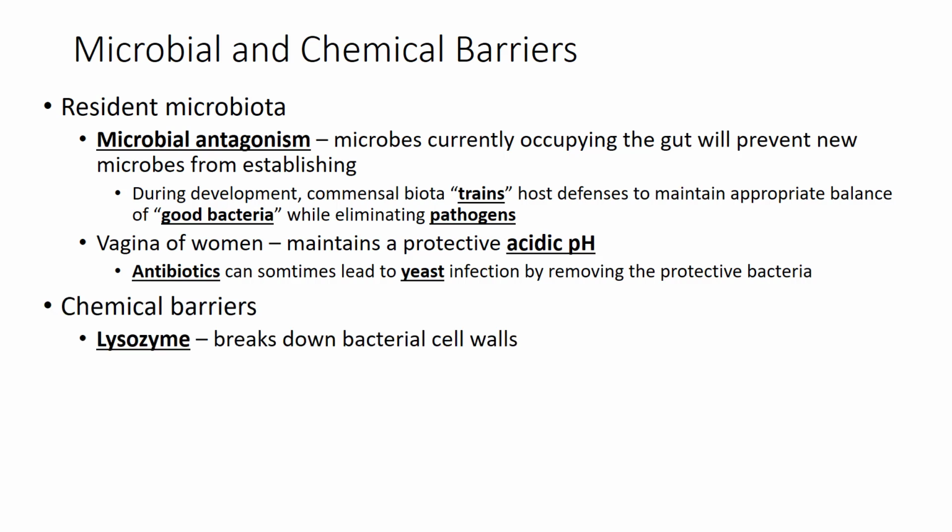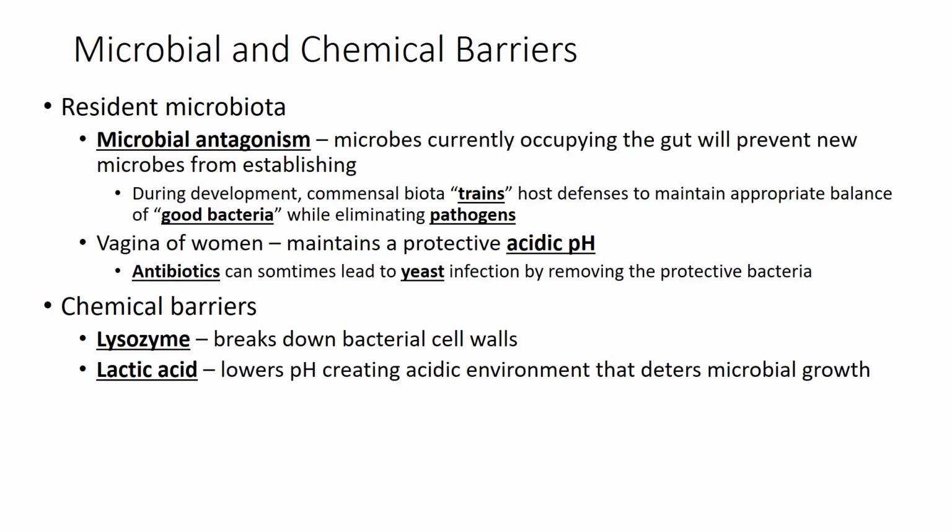Now, other aspects of chemical defense would be lysozyme. Lysozyme is like an aspect of the physical barrier that's sort of the chemicals released from the physical barrier. So lysozyme, for example, is largely found in the mouth, but also is a part of your tears. And this chemical breaks down bacterial cell walls.